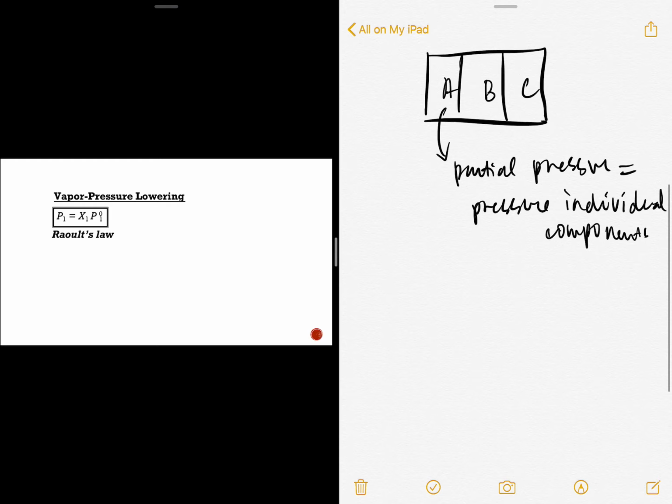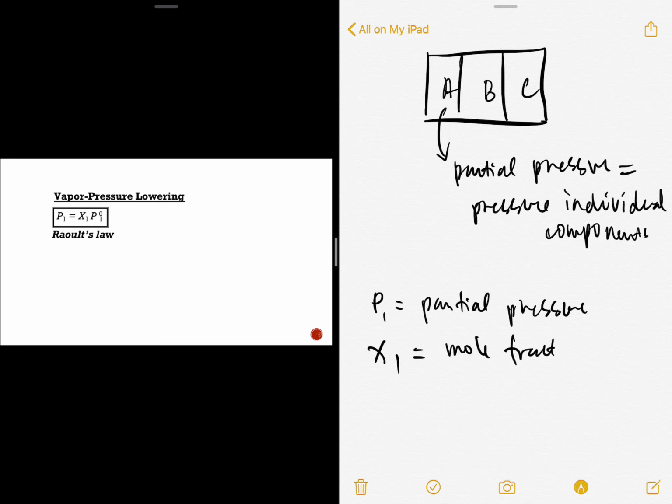So P1 here is the partial pressure of any component. And here, your mole fraction here is the mole fraction of your solvent. And your P1 naught, basta nakita nyo yung symbol na naught, that is for the pure, no?